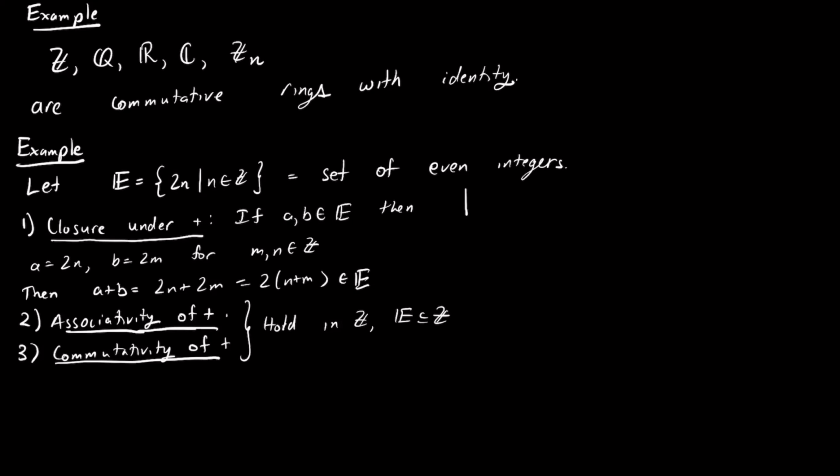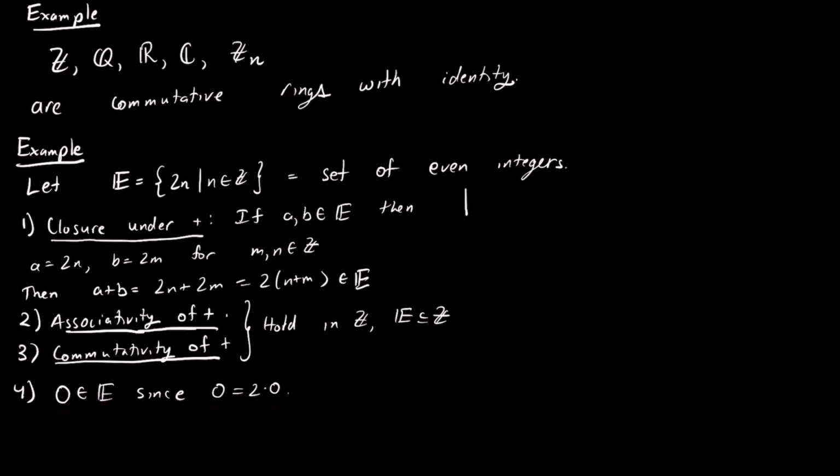Associativity of addition and commutativity of addition hold in Z, so therefore they must hold for the evens. The evens are just a subset of Z, so these two properties get inherited from Z. We also know that 0 is in my set E, since 0 can be written as 2 times 0.